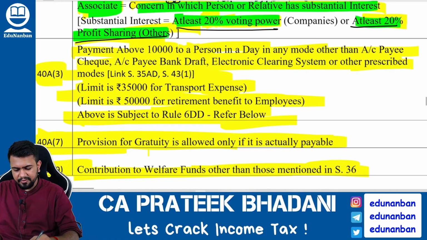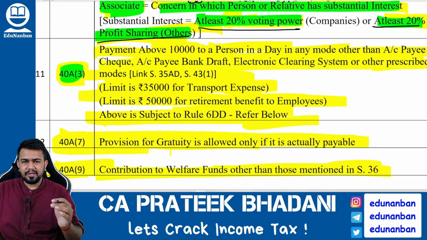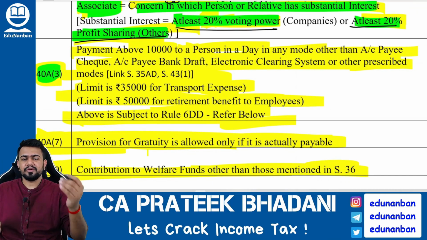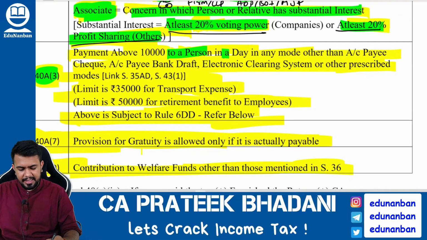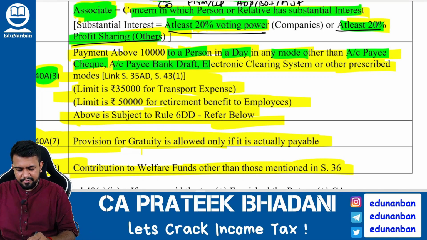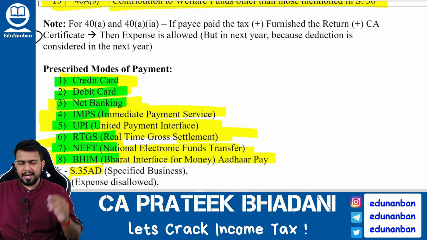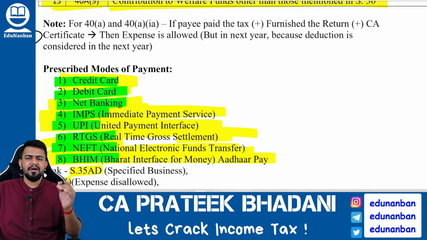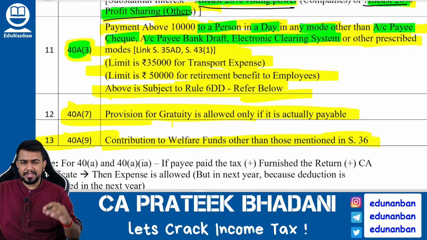Now let's come to section 40A(3), which is very, very important. If any payment above 10,000 rupees, okay, above 10,000, not exactly 10,000, is made to a person in a day in any mode other than account payee cheque, account payee bank draft, electronic clearing system, or credit card, debit card, net banking, IMPS, UPI, RTGS, NEFT, or BHIM Aadhaar Pay, so in any mode other than all these modes, then it will not be allowed as deduction.